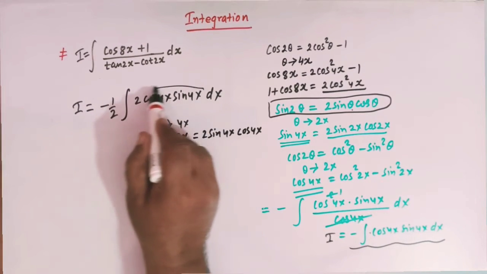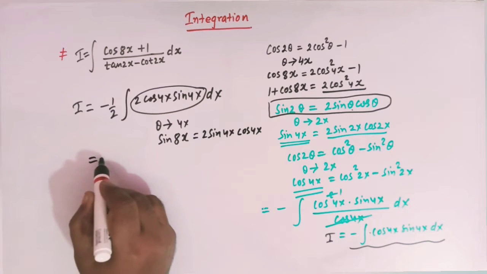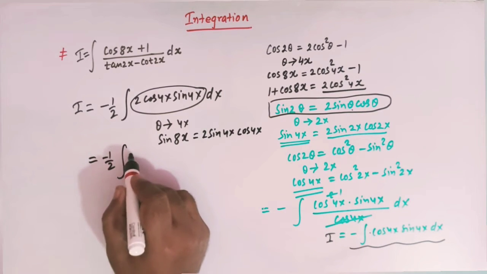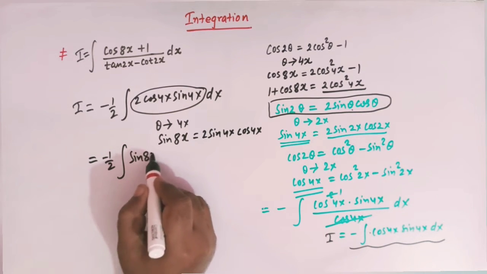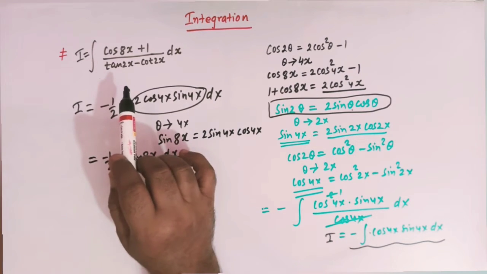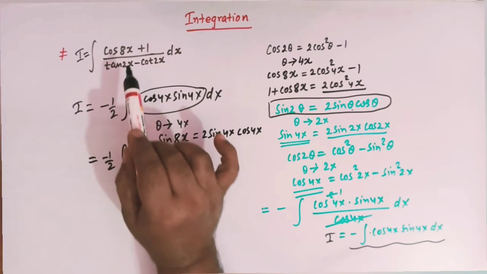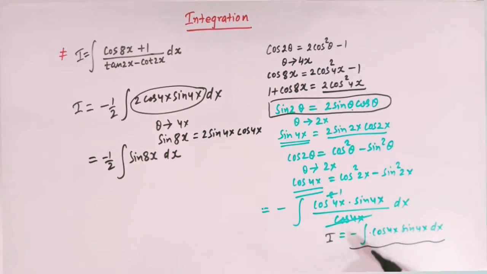So now this term can be replaced by sin 8x, and we have minus half the integral of sin 8x dx. So we have seen how we have simplified this expression using all these trigonometric identities.